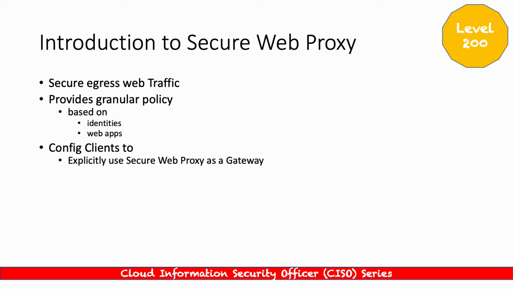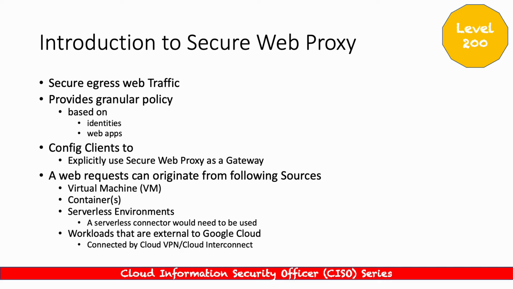Think of a router: if you're doing some routing, you put a default route to the gateway, and that's how you get out to the internet. Think in terms of that kind of concept here.